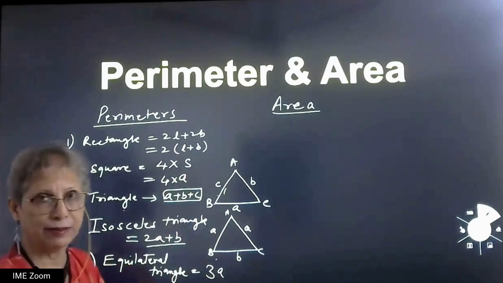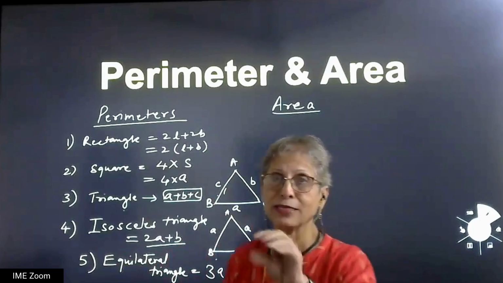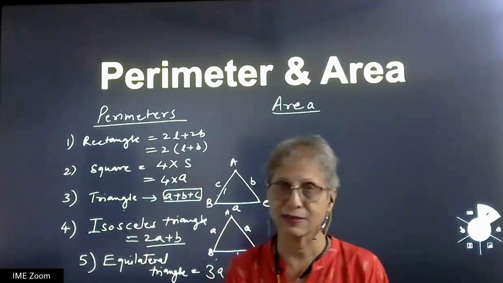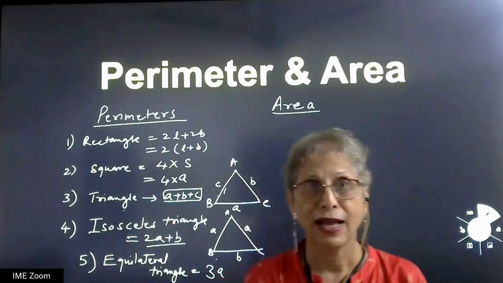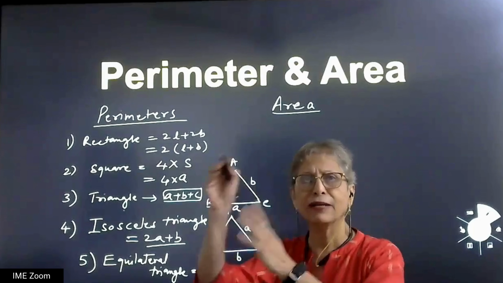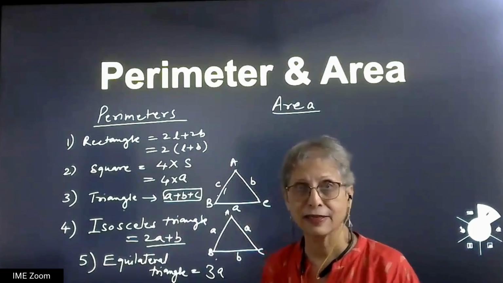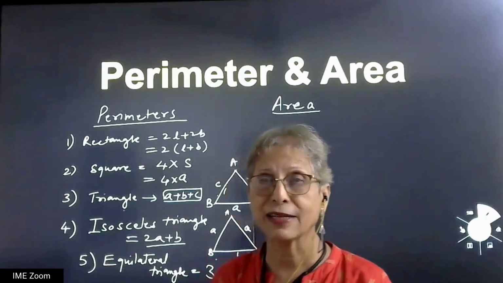These are important. Now if there is a regular pentagon, pentagon means a 5-sided figure. It has 5 sides and 5 angles. If all 5 sides are equal, it is called a regular pentagon, and the perimeter is 5 into length of each side. If it is a hexagon, it is 6-sided. If it is an octagon, 8-sided. Decagon, 10-sided.